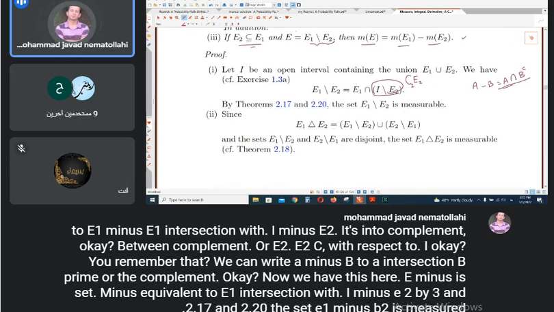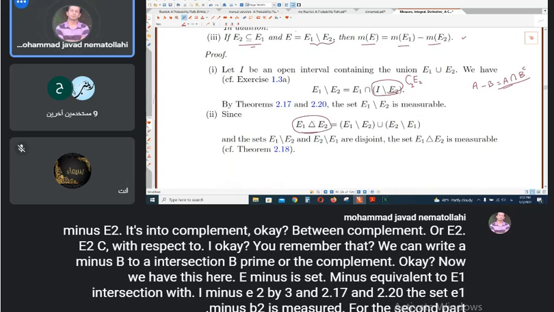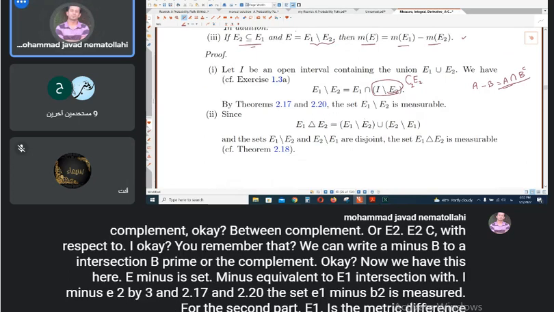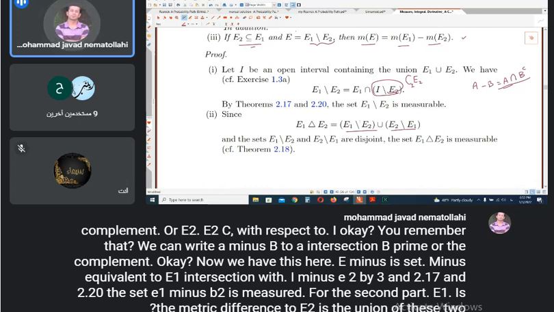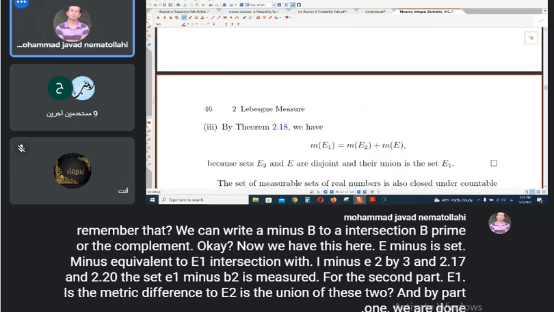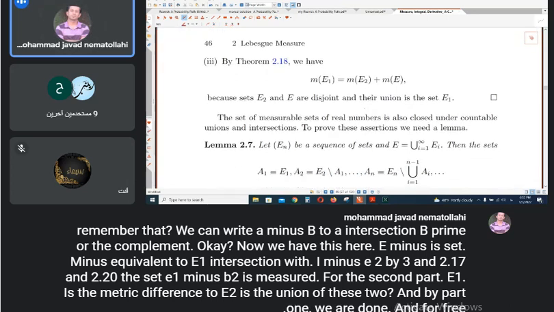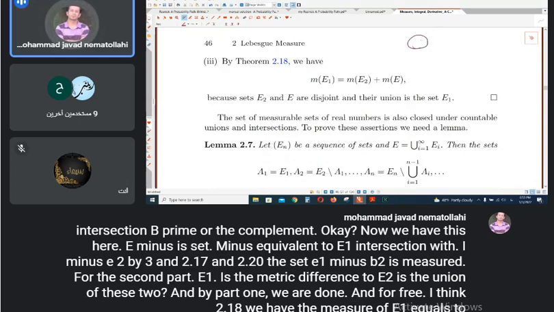For the second part, E1 symmetric difference E2 is the union of these two, and by part 1 we are done. And for 3, by theorem 2.18, we have the measure of E1 equals, note that E2 is a subset of E1.